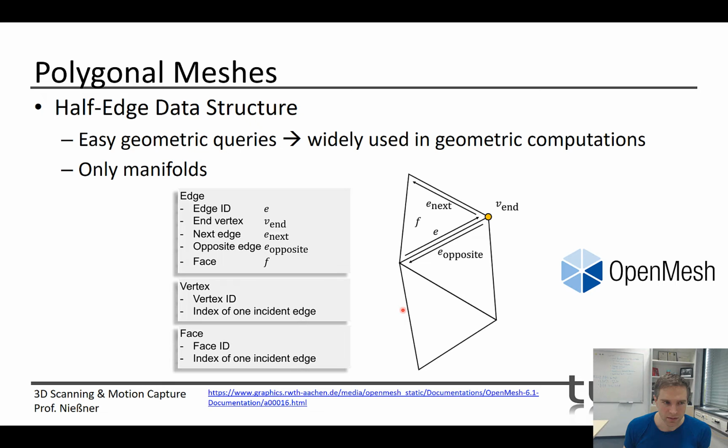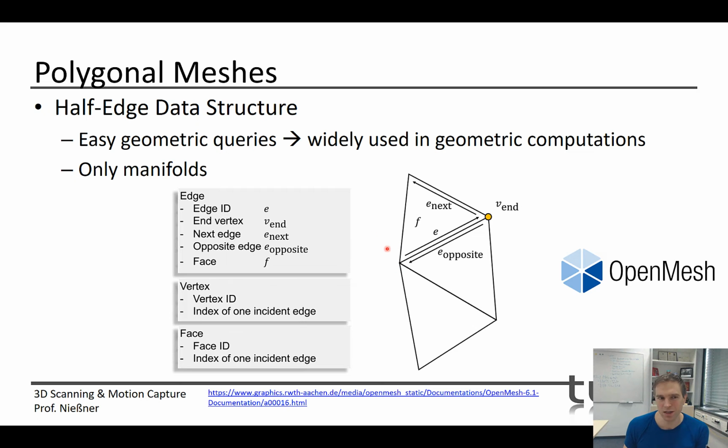The vertex ID is very clear. The vertex has an index, and it also has an index of one incident edge. If you have one incident edge, it's very easy: you can get that edge, traverse around, find the opposite one, and so on. For face IDs, it's the same thing. For faces, you also store one edge, and once you have one edge, you can figure out all the edges around it.